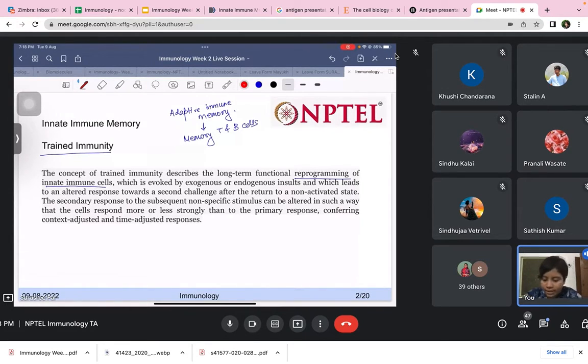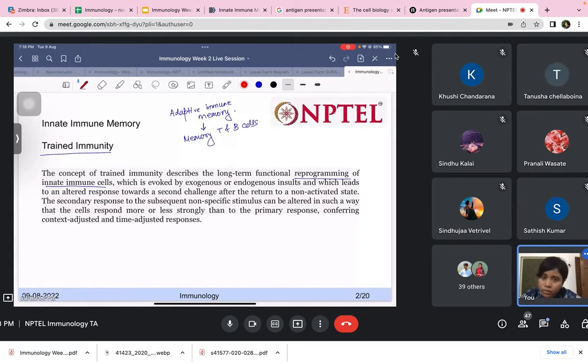So when we discuss the adaptive immune memory, you will also see that when the infection is occurring for the second time, the immune system reacts completely differently than when it is occurring the first time.